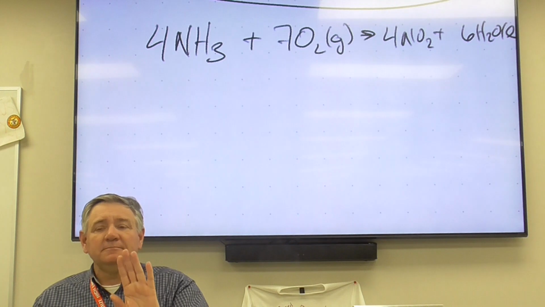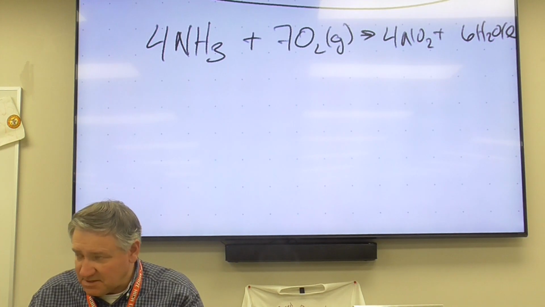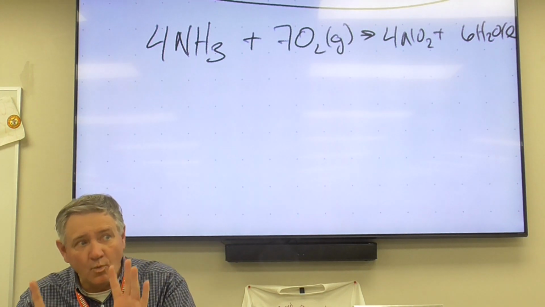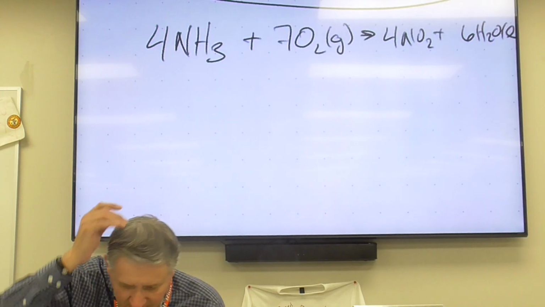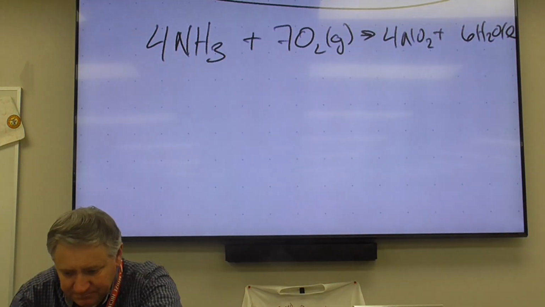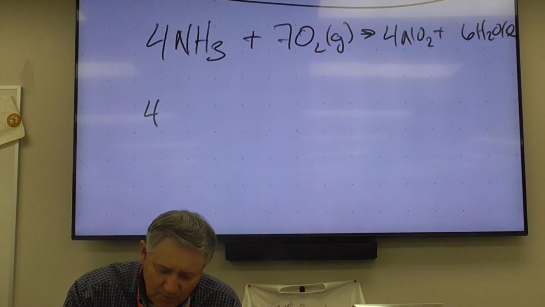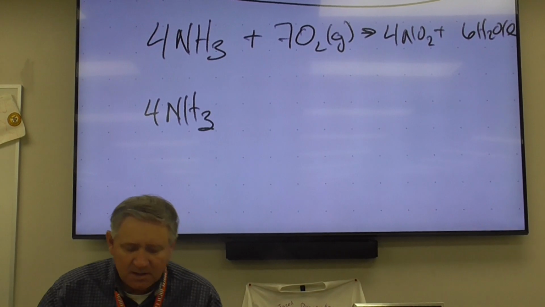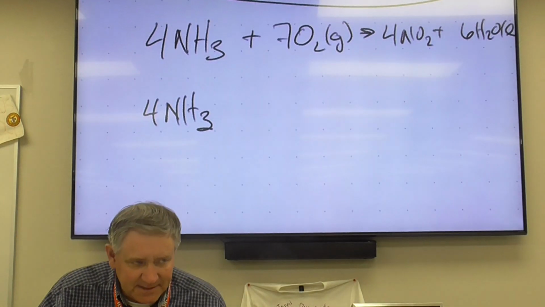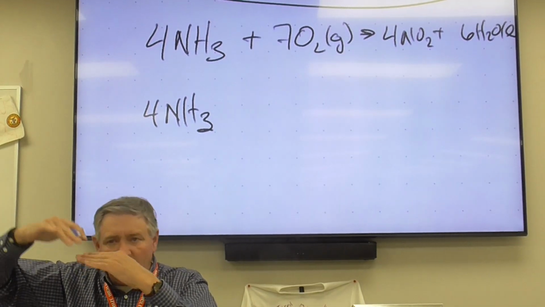Okay? Now, I'm going to go through a big long process here, but understand why I'm doing this. So here's the first thing that you want to look at. On the reactant side, you have 4 NH3s. So what I want to do is break that down into its elemental forms.